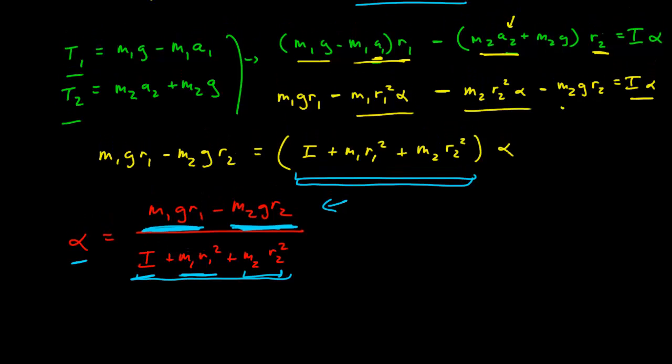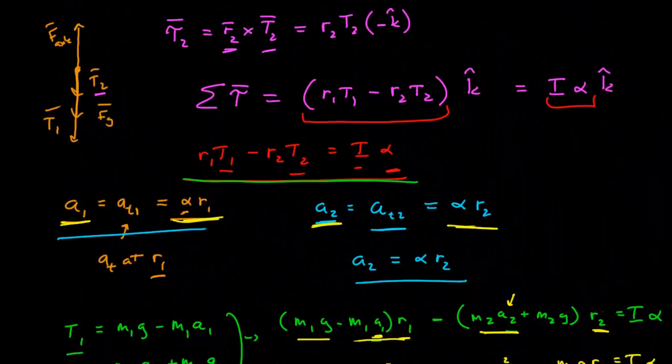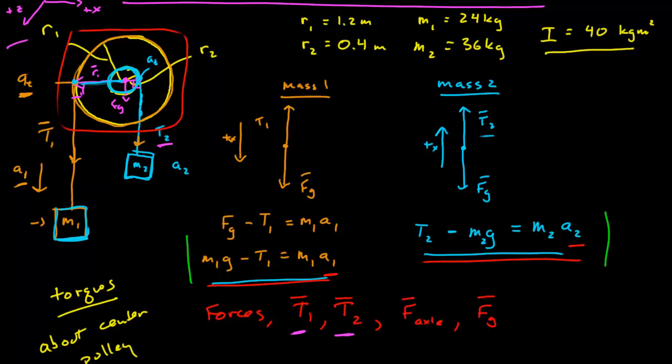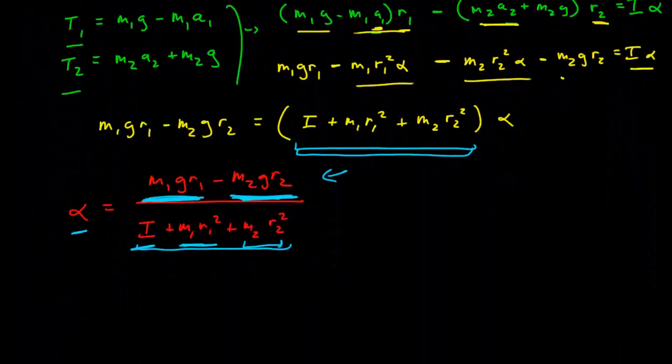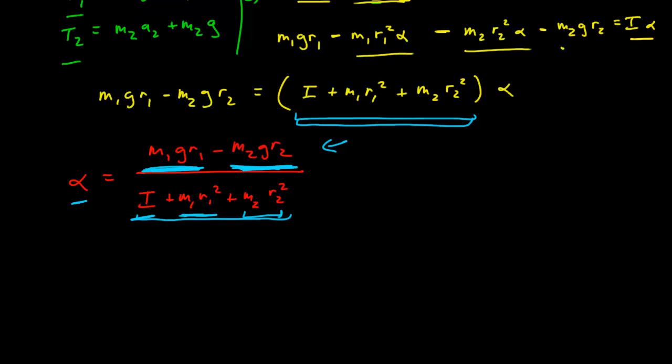So what that's telling you is there's a contribution to the resistance of the rotation associated with the mass, that the larger these masses are, the harder it is for any net torque to induce a rotation of the entire system. So this all makes physical sense, these terms and how they combine, which is why it's so important when you solve complicated problems like this.